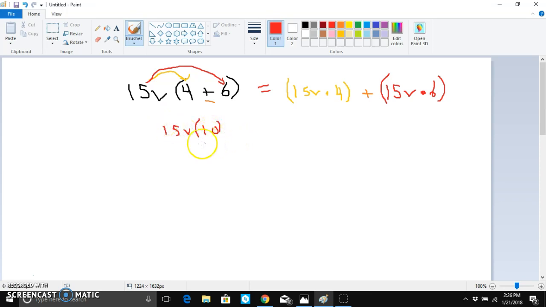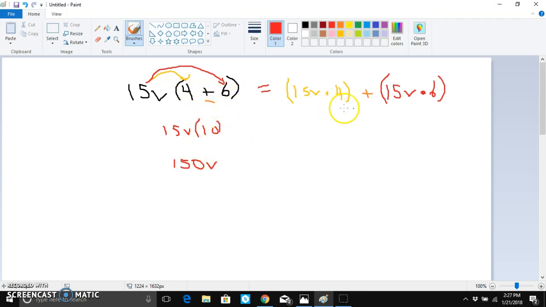And since this is a multiplication problem, 15v times 10, you're allowed to shove everything together. 15 times 10 is 150. And since 10 doesn't have a v, it's just 15v times 10, which would mean 150v. So this problem can be simplified just because you're allowed to add 4 with 6 and they're both constants.